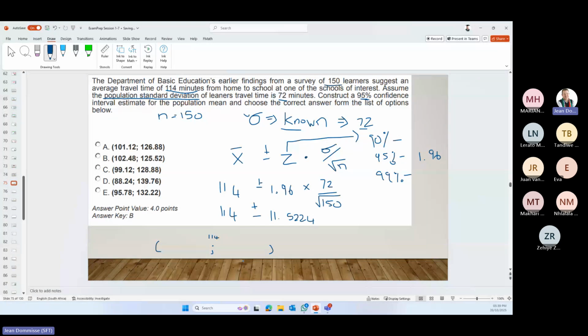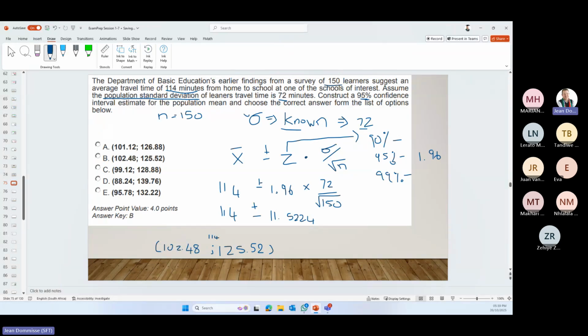Okay, and then we can check. We add 114 to it and get 125.52. And if we subtract 11.52 from 114, we get 102.48.